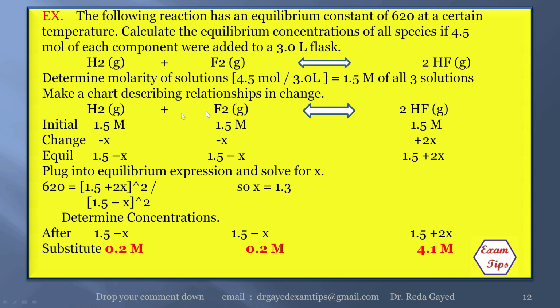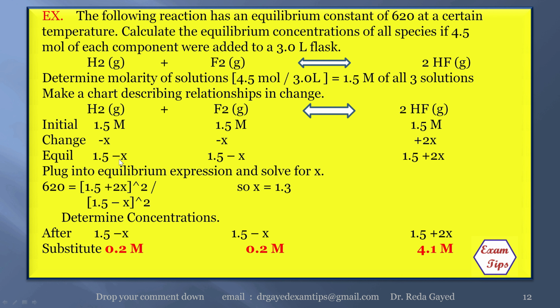So the change here is x. Hydrogen will lose x, so it is minus x. The same, fluorine will lose x, it is minus x. But hydrogen fluoride will gain x. How many x should be gained? Plus 2x. Why 2? Since the coefficient here of the balanced equation is 2. Okay, at equilibrium, add this with that.